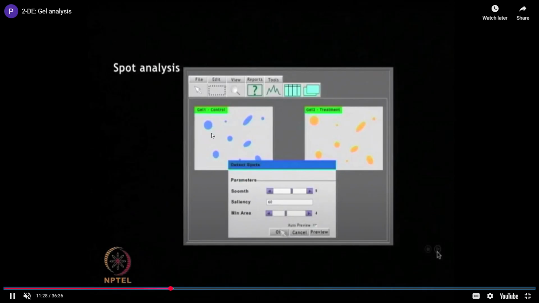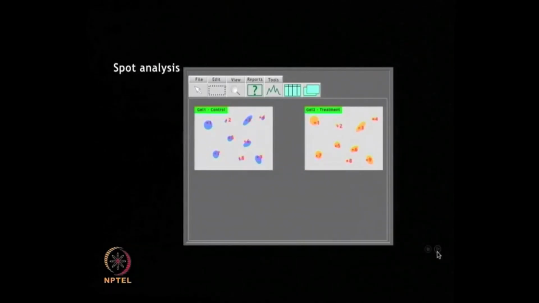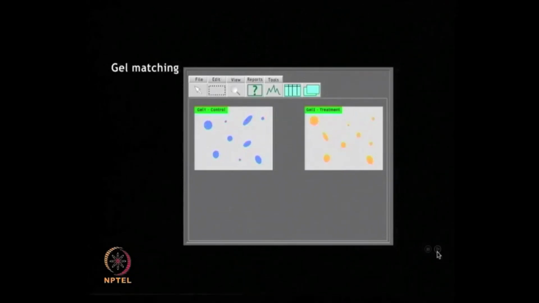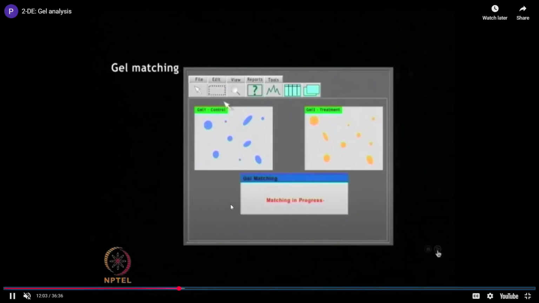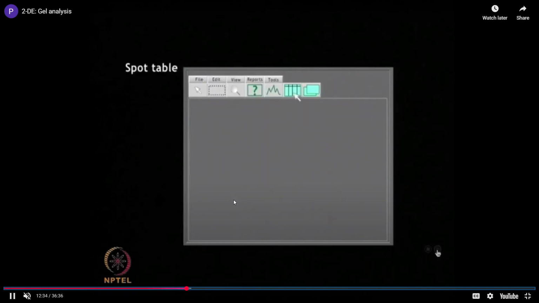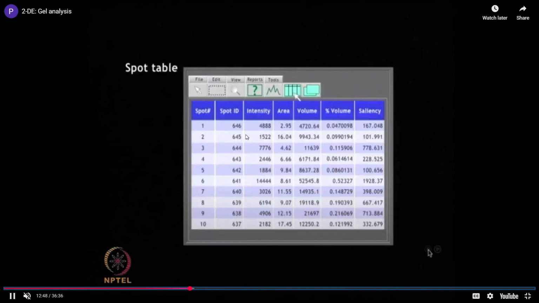Then you can do certain smoothing, like image editing, and it will also tell you about the area and intensity, everything about the protein. For making the image proper, you can do certain editing also. It tells you about the intensity, area, volume, everything about each spot, and it gives the spot ID as well.